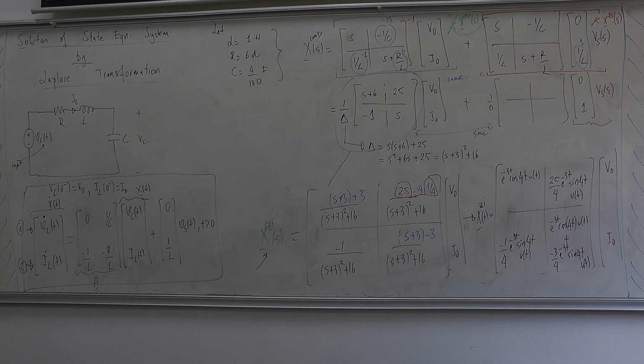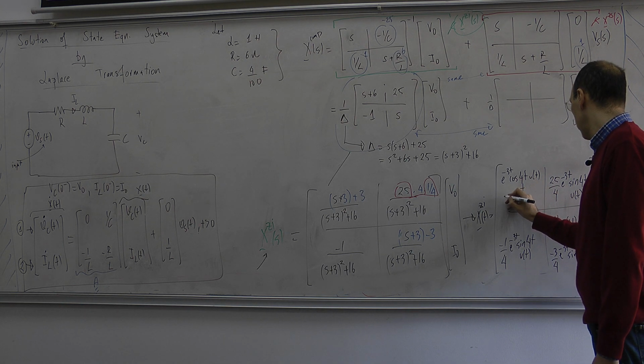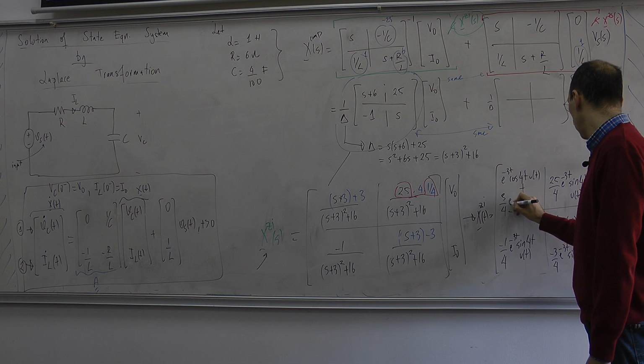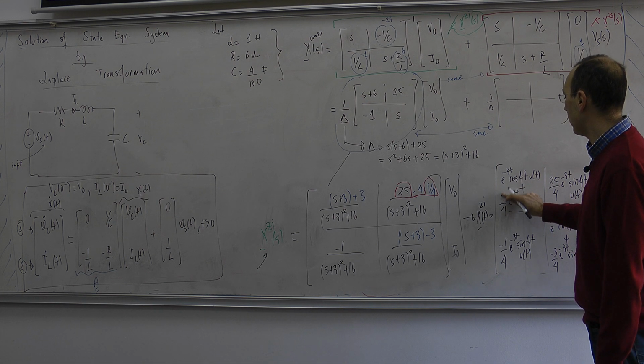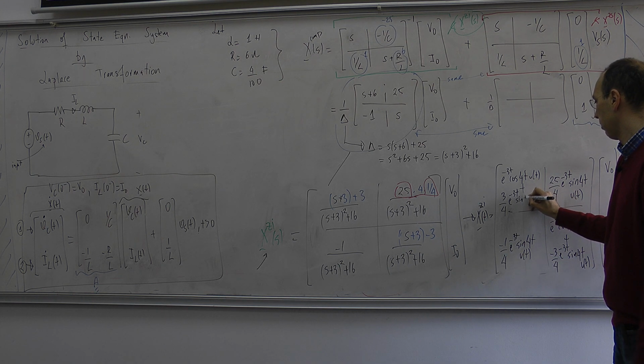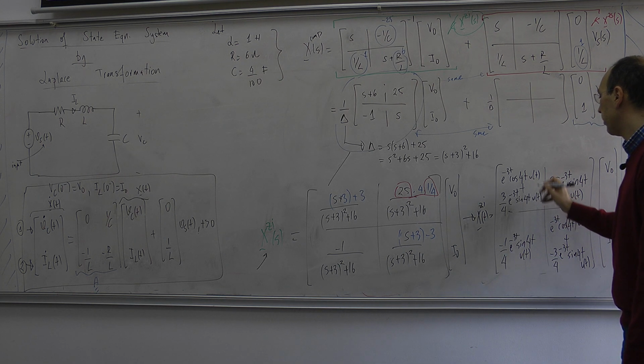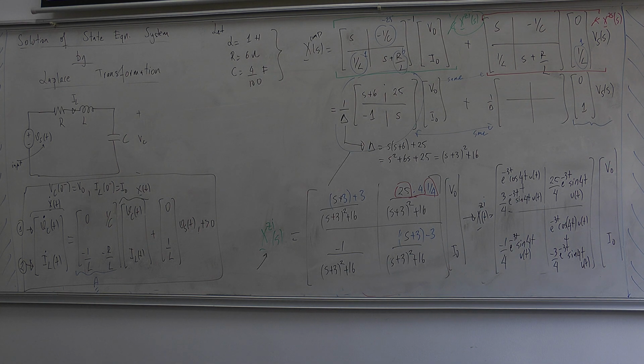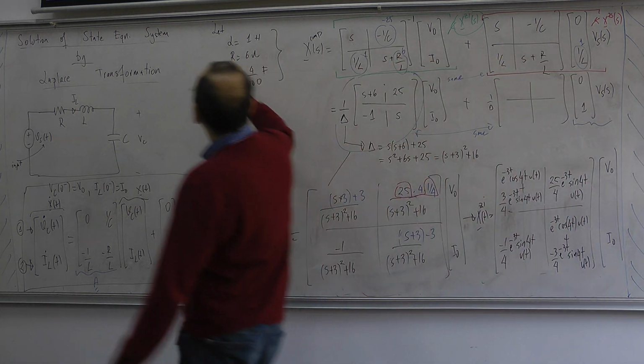I'm just using my earlier results, and I'm hoping that I'm not propagating any errors, because if I have an error at some point, it's just repeated everywhere. You just have to be a little careful. But as you see, this is an easy result. Okay. So that is it. So what is the zero input solution? The zero input solution is this matrix times the initial condition. Zero input solution. Okay.